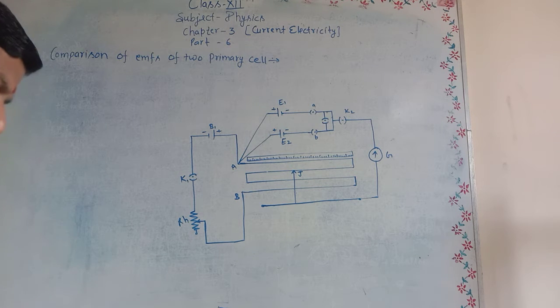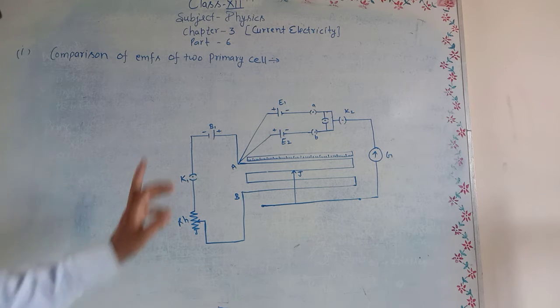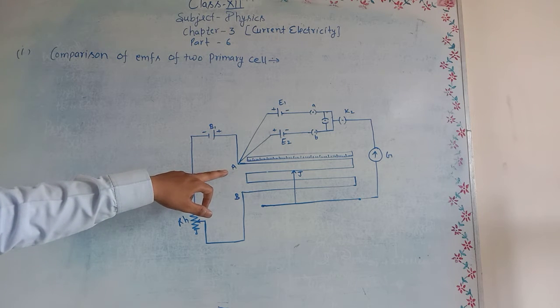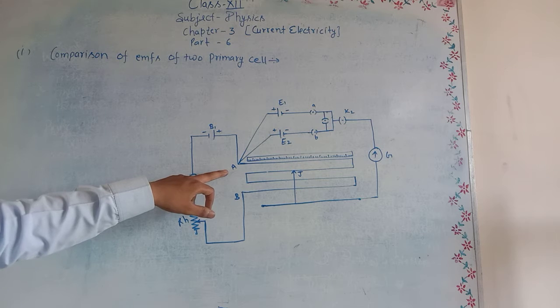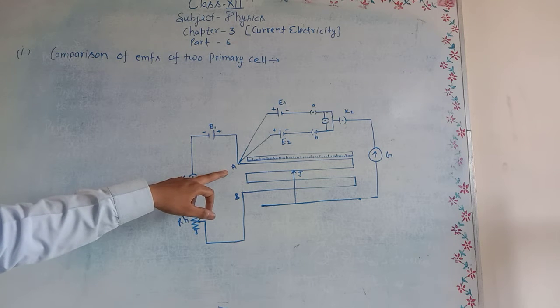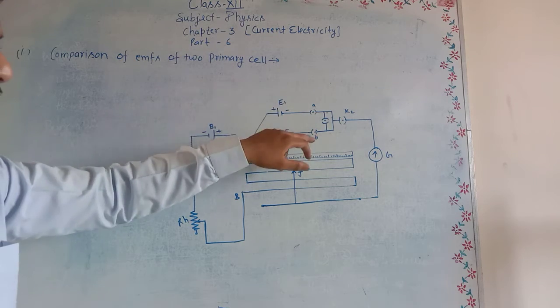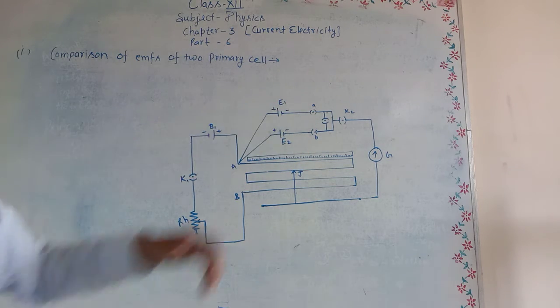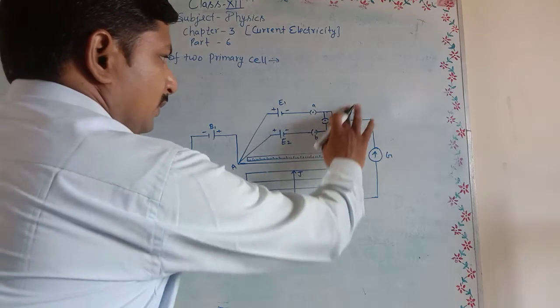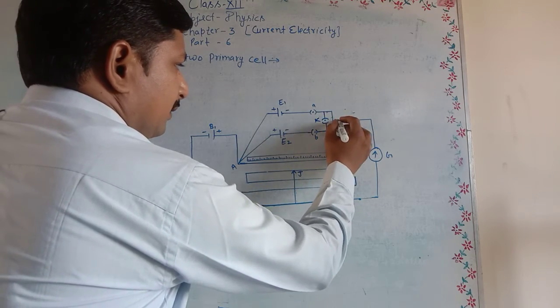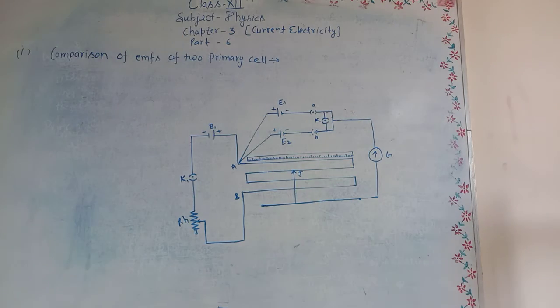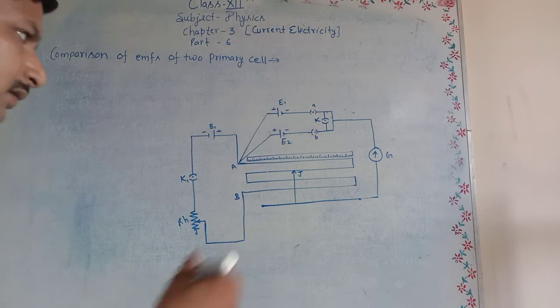The positive terminals of these cells are connected to the end A of the potentiometer wire, and the negative terminals are connected to a two-way key K2.